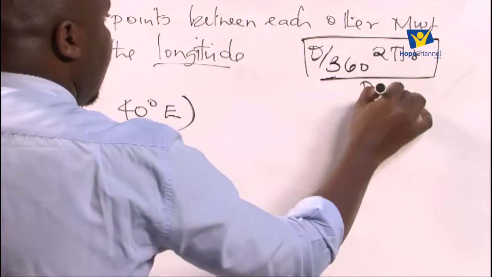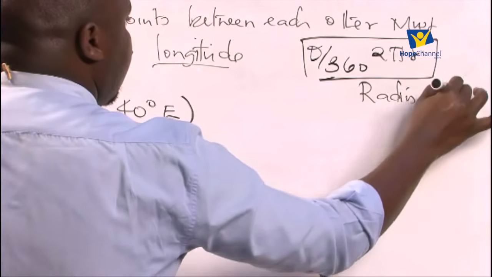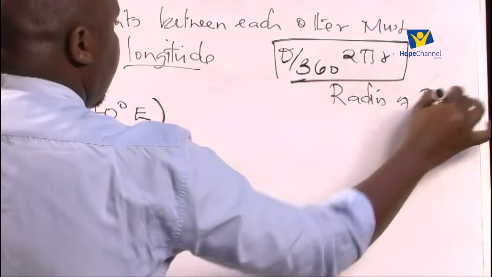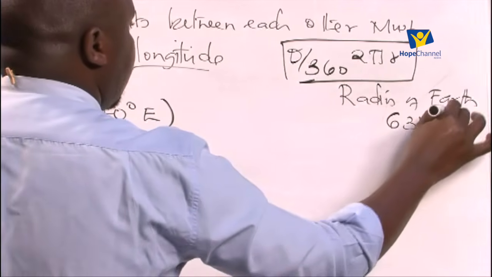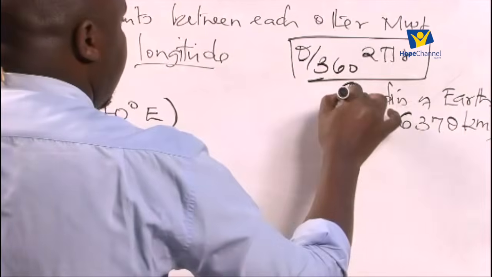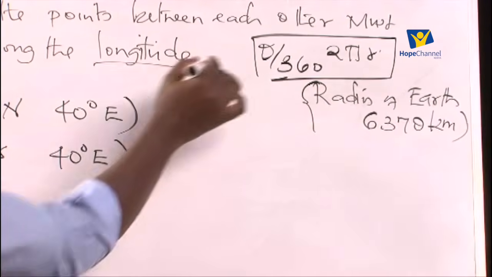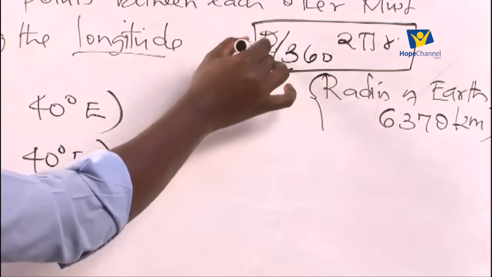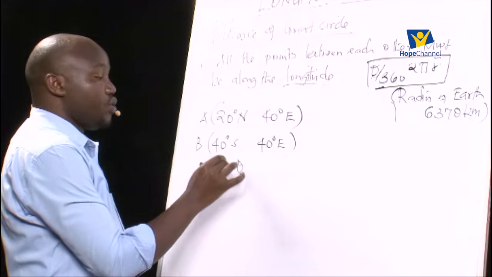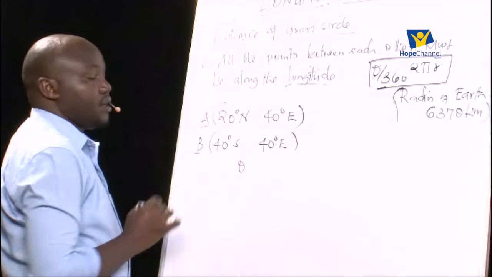And I've said the radius of the Earth is 6370 kilometers. Mark that as well. So how do you get theta? The angle between A and B is theta.